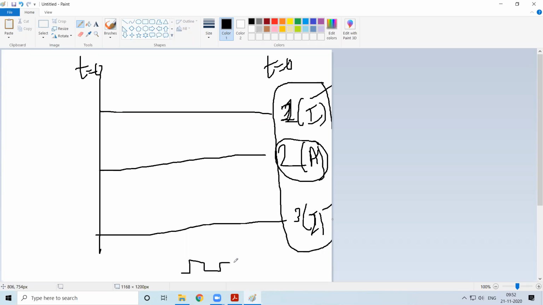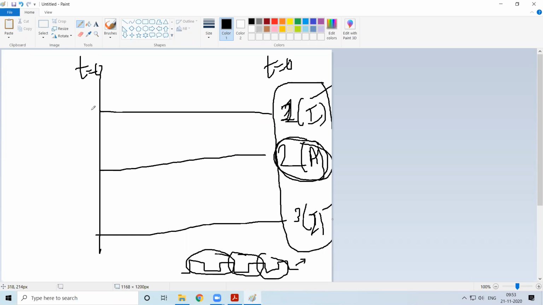For hardware, say if you're using a flip flop and you are giving a clock signal, the clock should keep on changing its state after a specified time period. Such behavior should also be made available in Verilog, the hardware description language. That is done with the help of the always block. Such simulations can be done with the help of the always block.